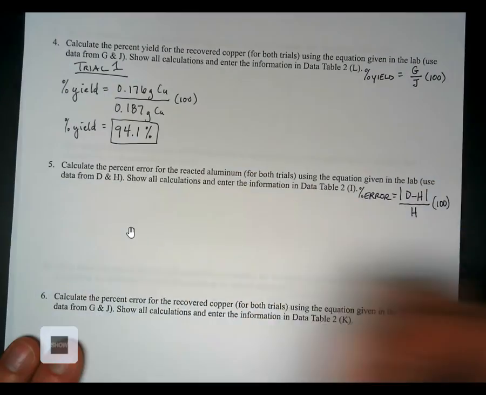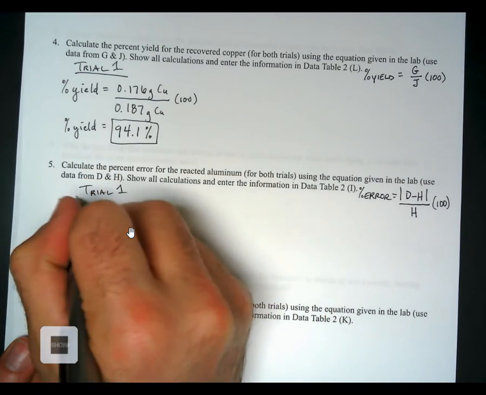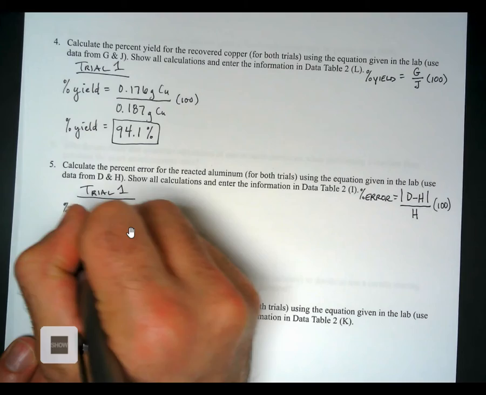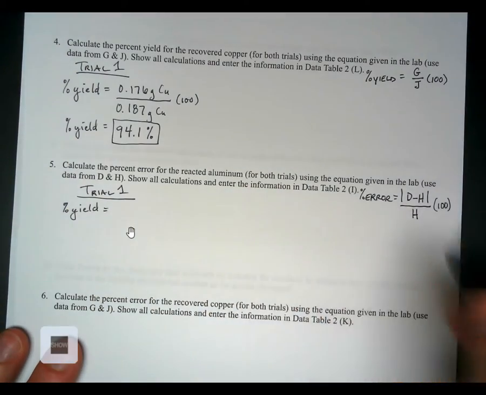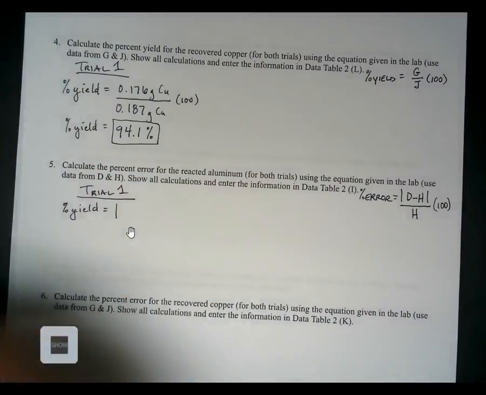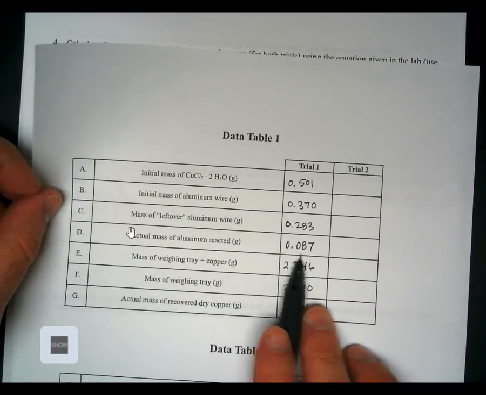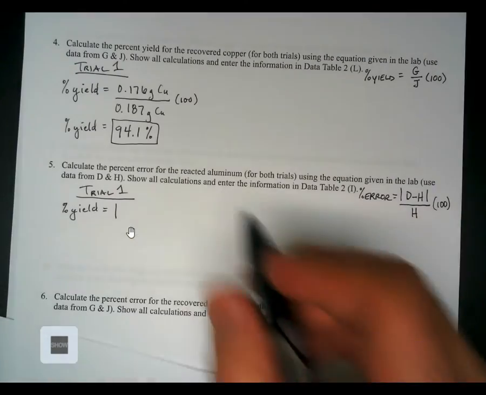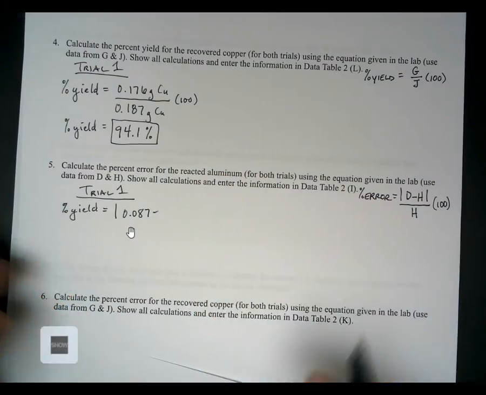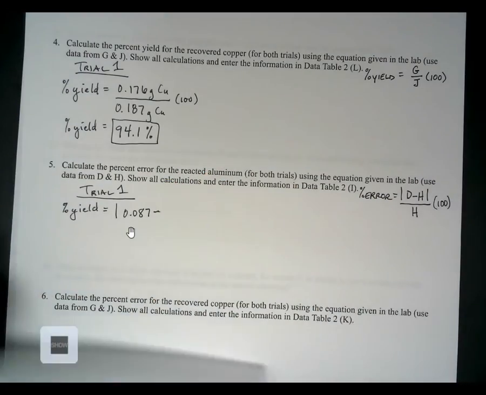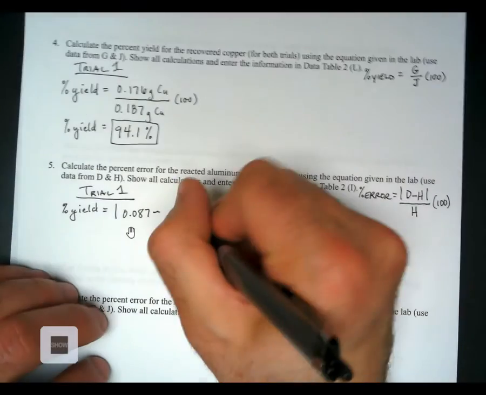So for our trial one, absolute value, my D number, whatever you have here, is 0.087, minus your theoretical, which is the H. My H is 0.0529.